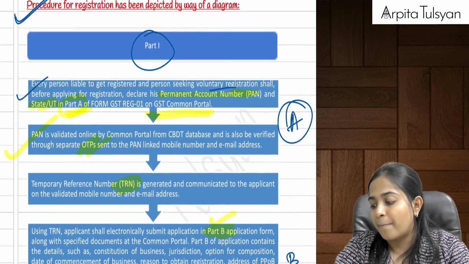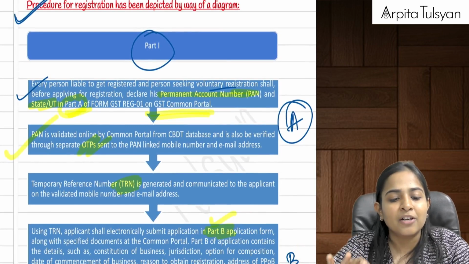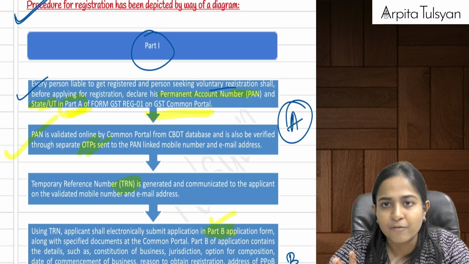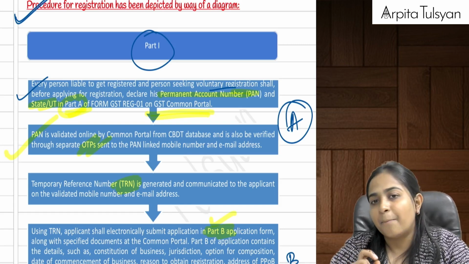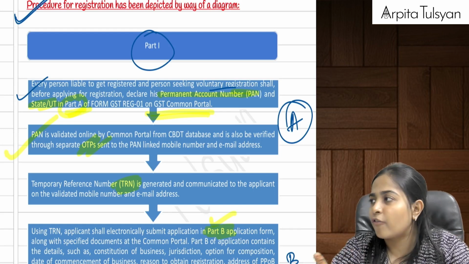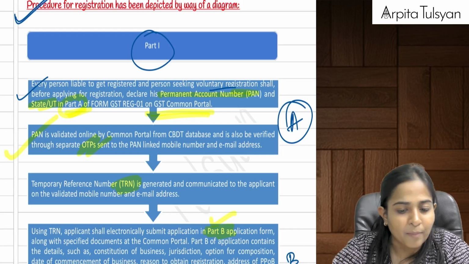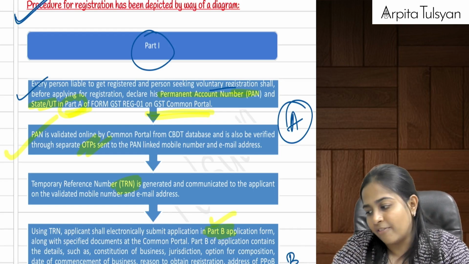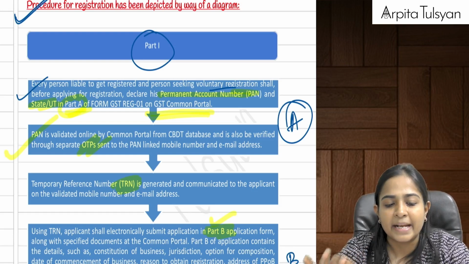And then we started with the procedure. In the procedure, part 1 was our part, part 2 was the department's part. In part 1, first of all, PAN was mandatory. So we are going to put our PAN and the state in part A of that GST REG01 form, which will get validated from the CBDT website, from the database. Then they will fetch the mobile number and email address, and the OTP will be sent. Once that is validated, you will be given a TRN, temporary reference number.